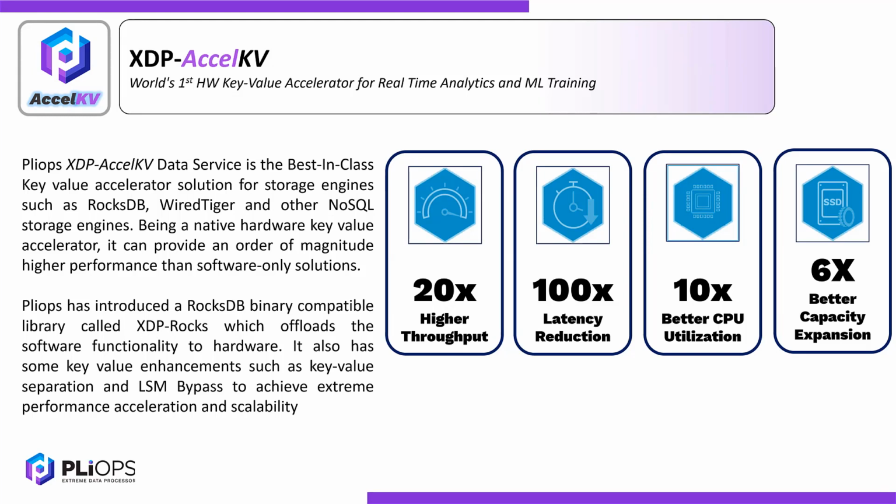So something like Redis or Mongo Rocks or a lot of other applications out there can just seamlessly work with our hardware, get 20x more throughput, 100x better latency, 10x better CPU utilization, and 6x better capacity expansion.